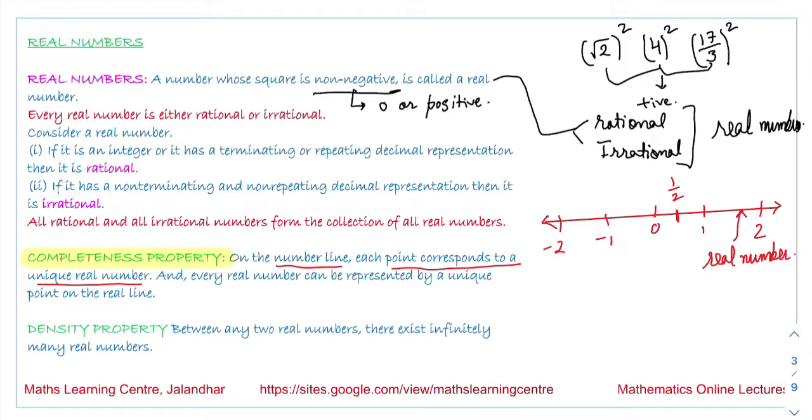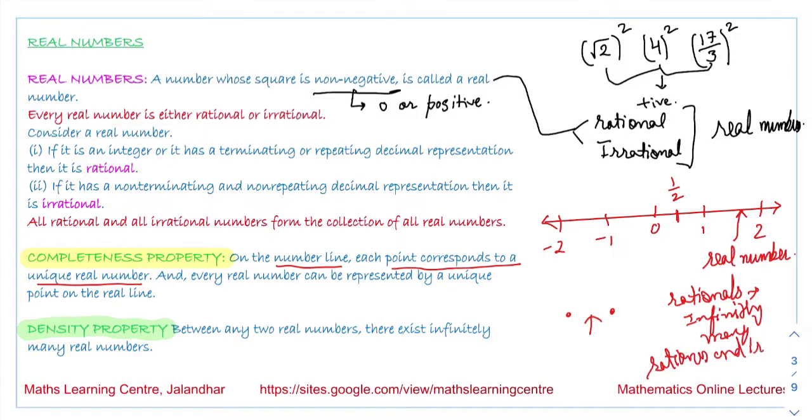Next is the density property. The density property means that if you consider any two real numbers, you can find another real number between them. As we have seen earlier, if two rationals are given, we can find infinitely many rationals and irrationals in between those two numbers.